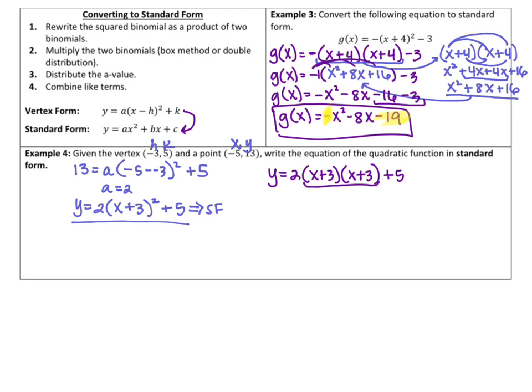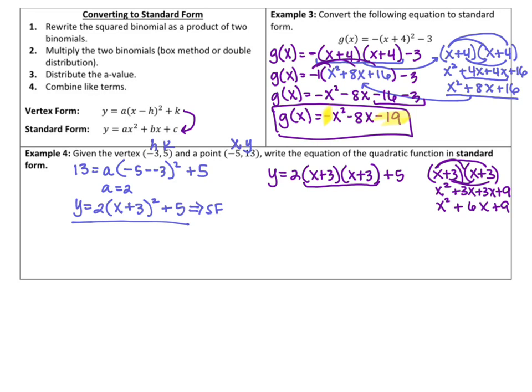And just like last time, I'm going to take that binomial and multiply it by a binomial, and I'm going to multiply it off to the side so that I don't get confused. You might notice a pattern here. If you do, that will kind of help you in your journey as you're doing this.